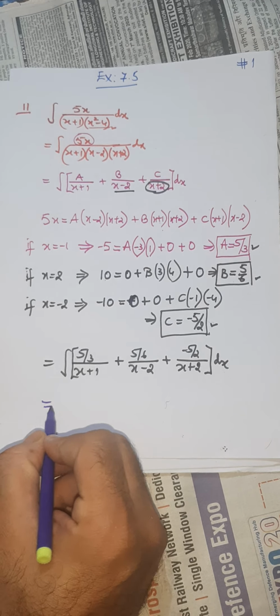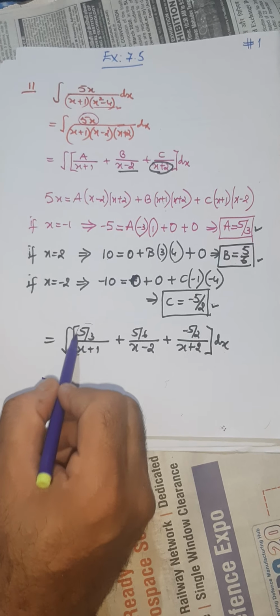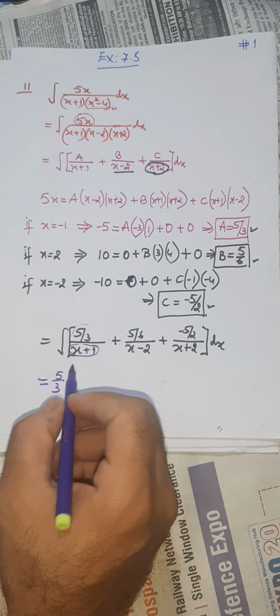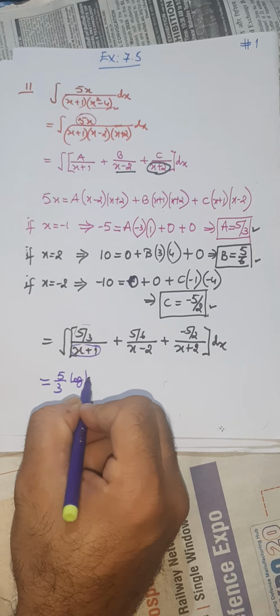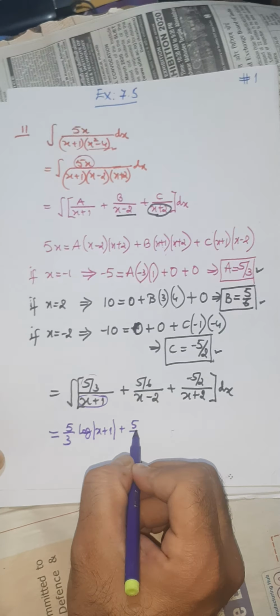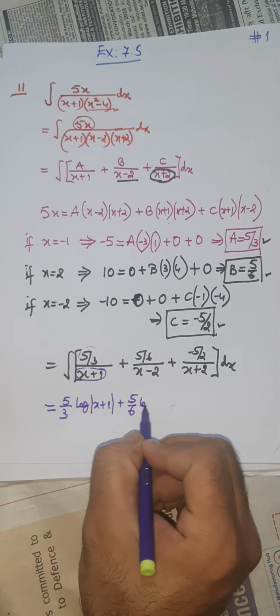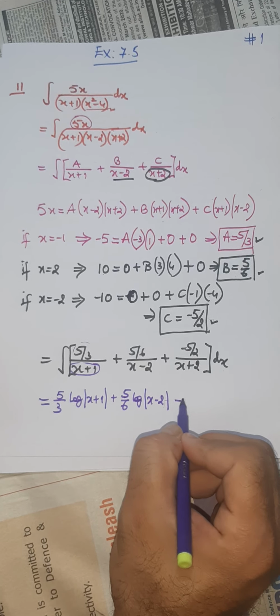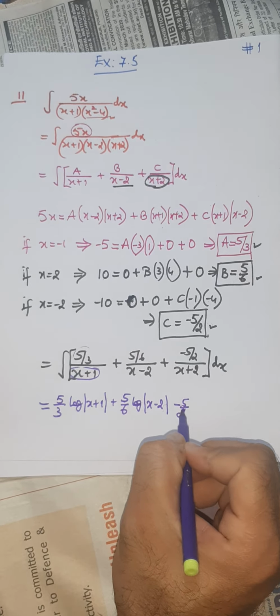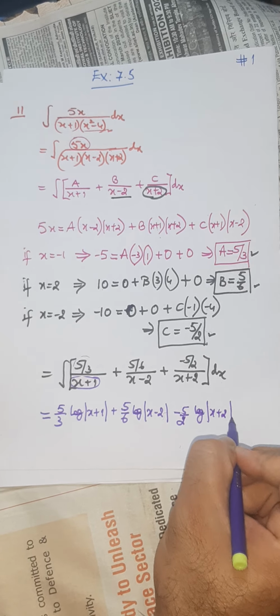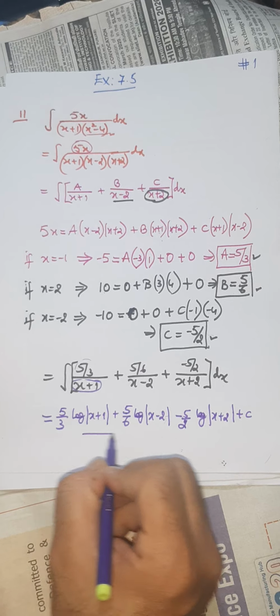So this is equal to 5 by 3, being constant, it will come out. This is a linear function, so log of mod of (x plus 1). 5 by 6 comes out here, this is log of mod of (x minus 2). Minus 5 by 2 will come out, this is log of mod of (x plus 2), plus c. This is the required integral.